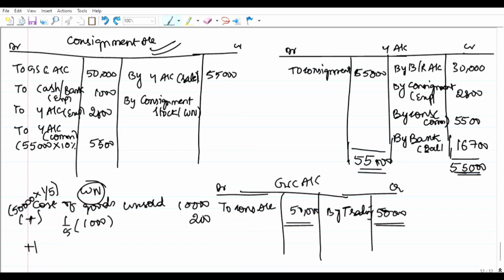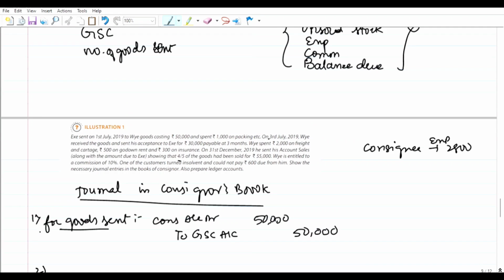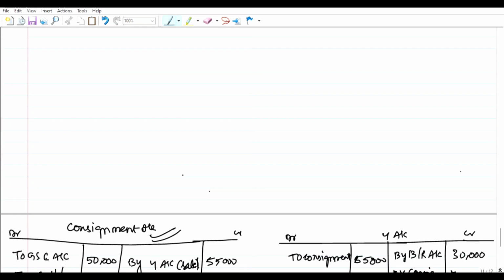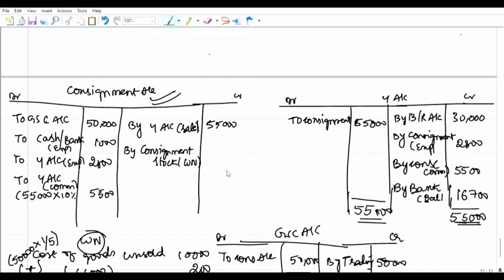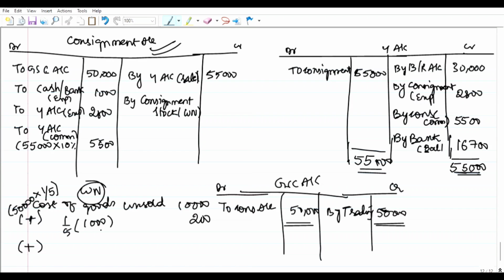So these both, yes, 2,500 is the expenses which he has incurred up to the transportation. 2,500, that means 1/5 of 2,500, that would be 500 rupees.